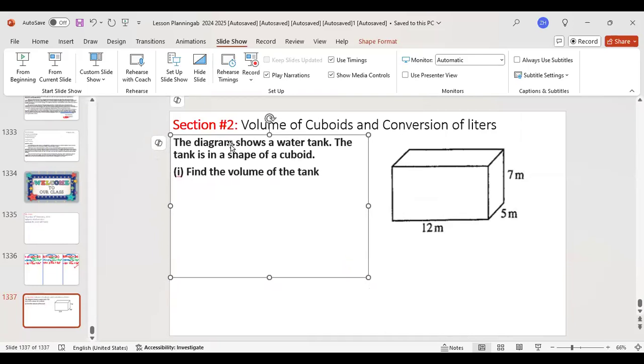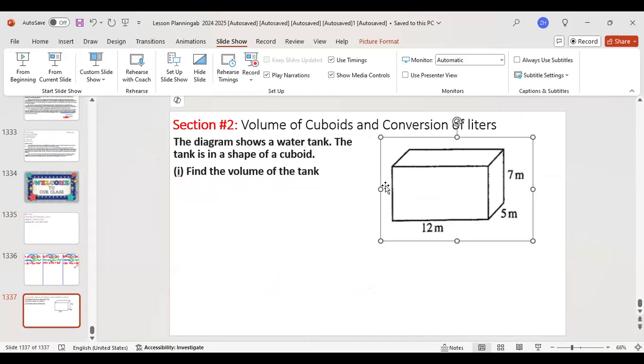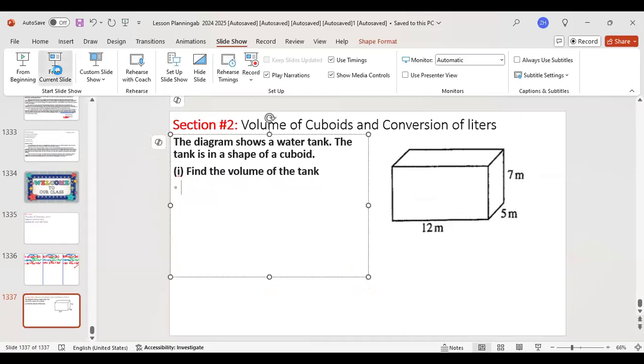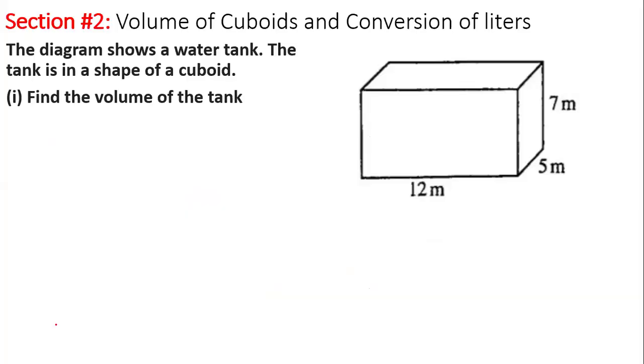So the length is the longest side. So that's going to be 12 meters. So therefore, volume of the tank equals L times W times H. Very good. So volume is going to be equal to the length of the cuboid multiplied by, so length multiplied by what?